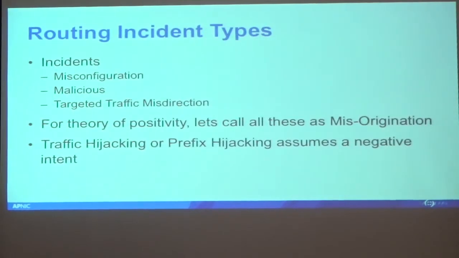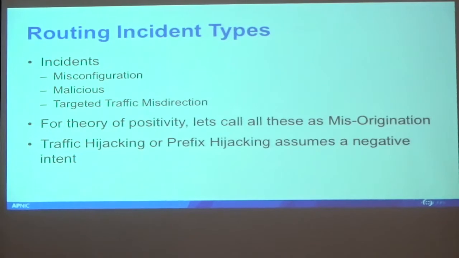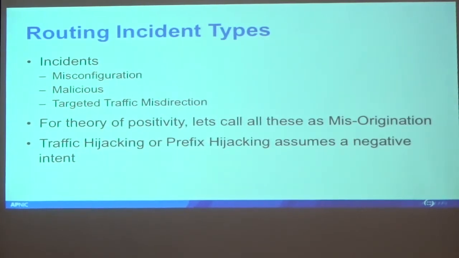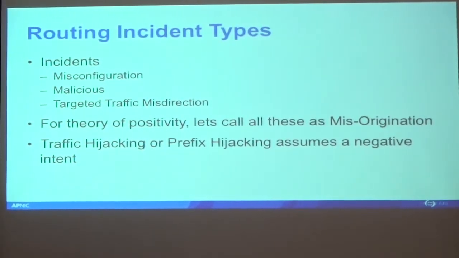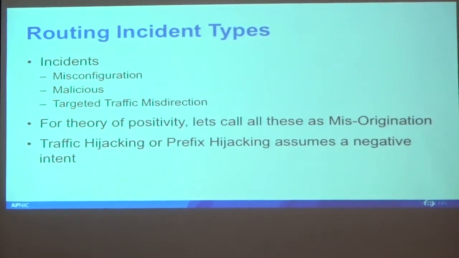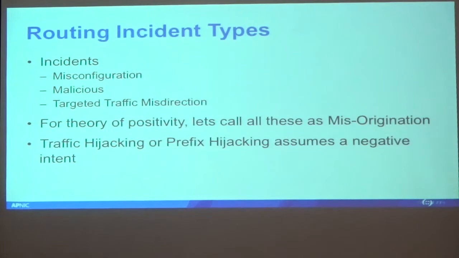Now, this essentially looks at routing, at BGP, and the whole BGP process. What can we observe? What can we get out of learning how BGP works? We know that you learn about different routes from your peers.